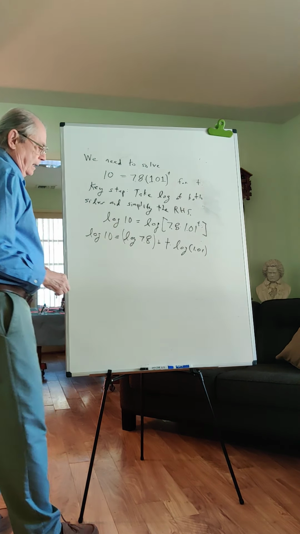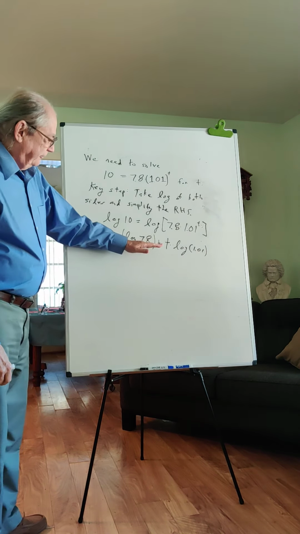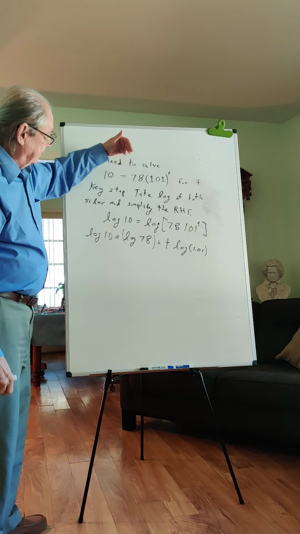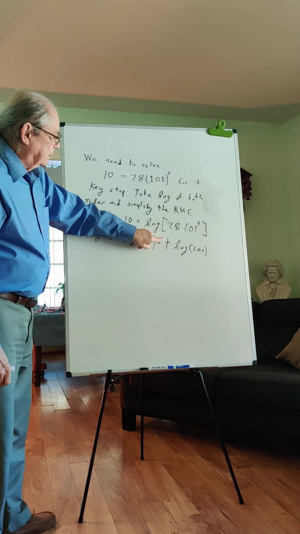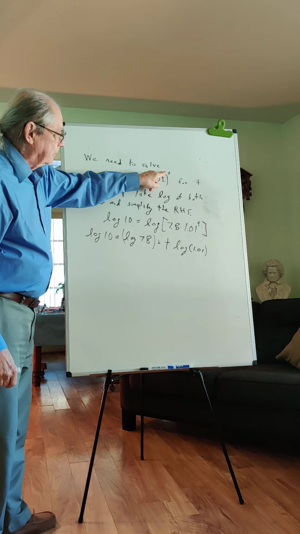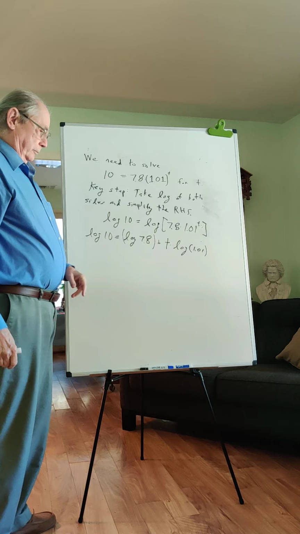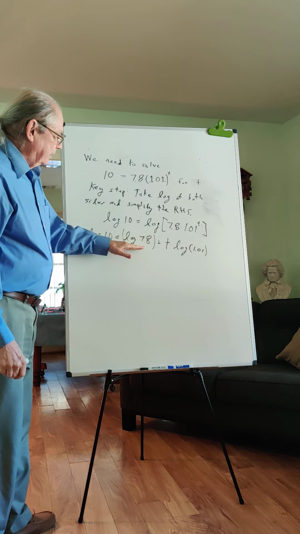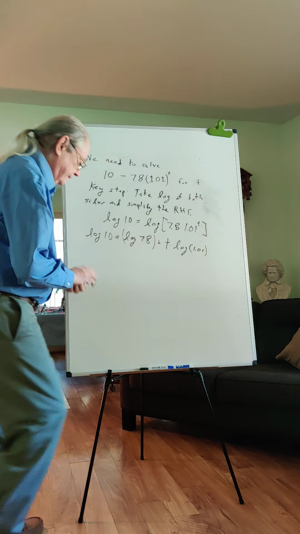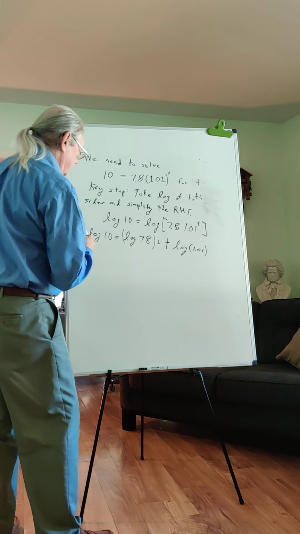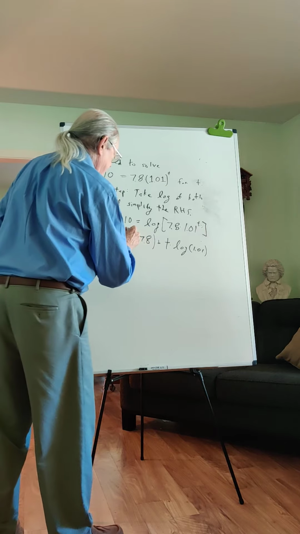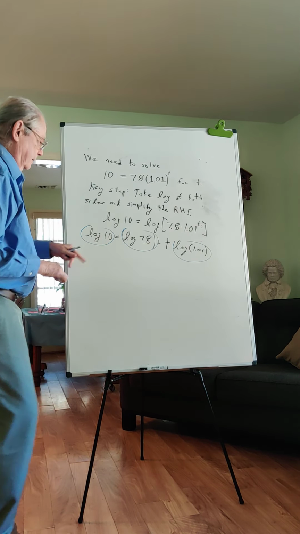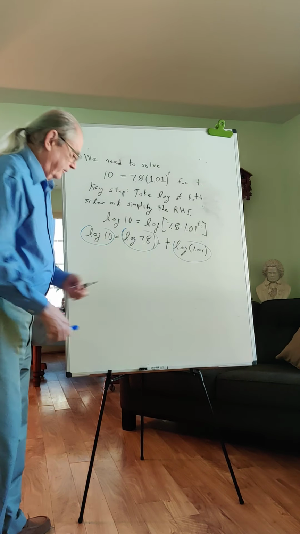Okay, now this equation may look complicated, but it's actually much simpler than this one, because the t is no longer in this awkward position. It's no longer in the exponent. This is actually a linear equation. We just have three numbers here. So this is a number, this is a number, this is a number.